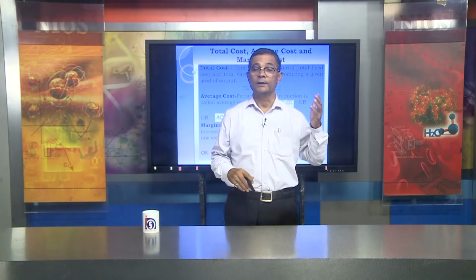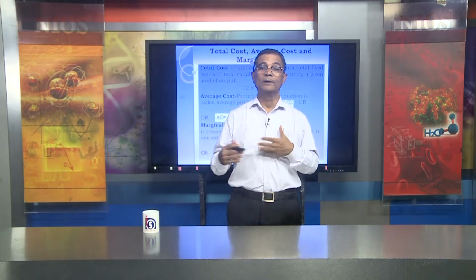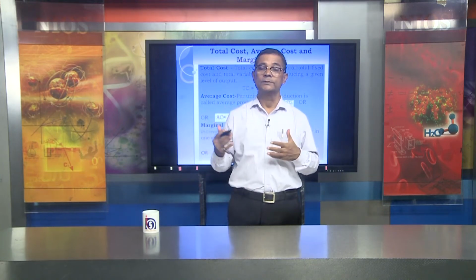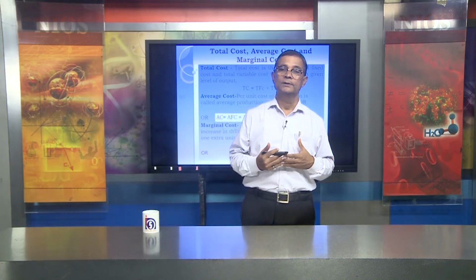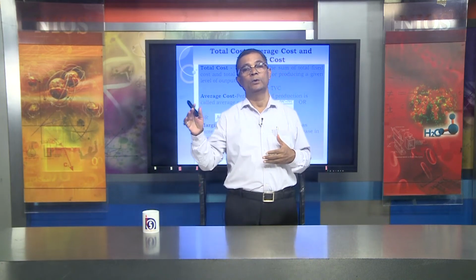Suppose किसी ने फिक्स कॉस्ट के ऊपर 100 करोड़ रुपीस खर्च किया and the variable cost 25 crores. What will be the amount of total cost? That will be 125 crores in total.